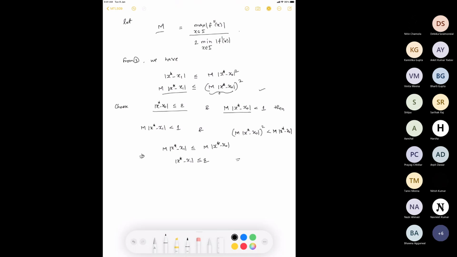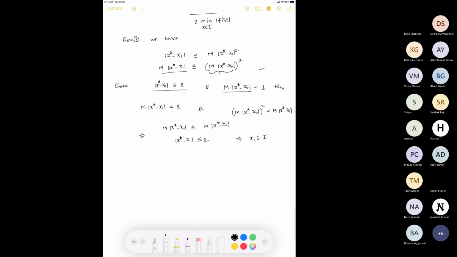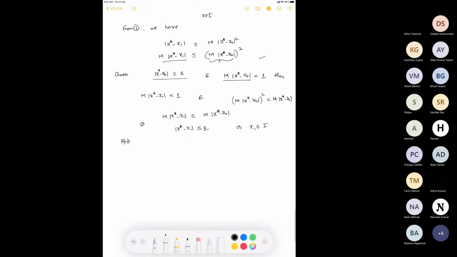Okay, so what does this imply? I started with my x naught in I, but my x1 also belongs to I. And you can apply this argument inductively. That is, we have got it for x1. Now you apply it for x2, x3, up to xn.